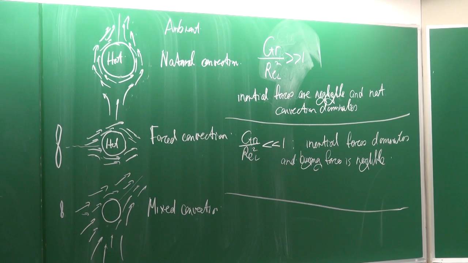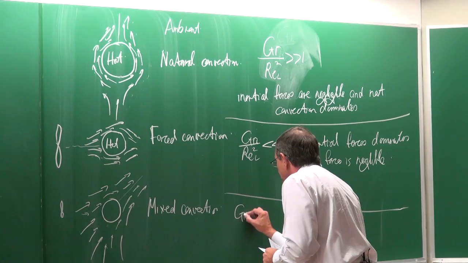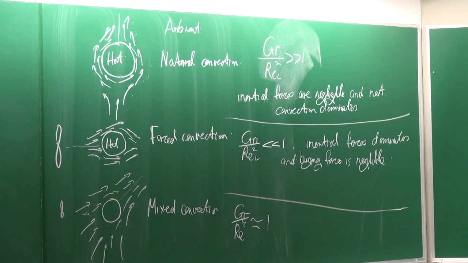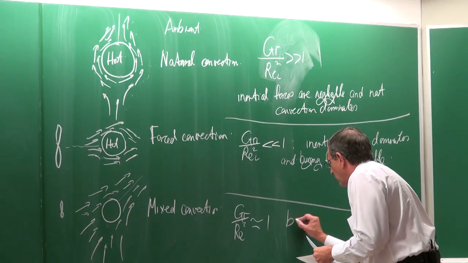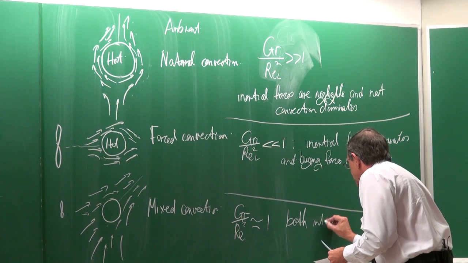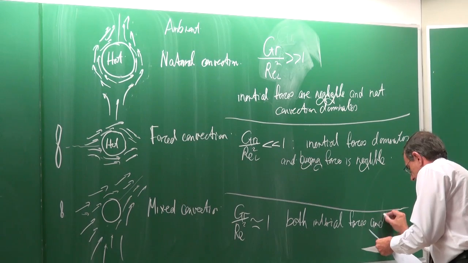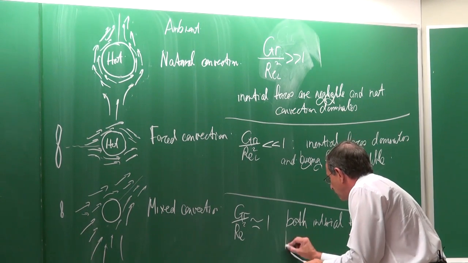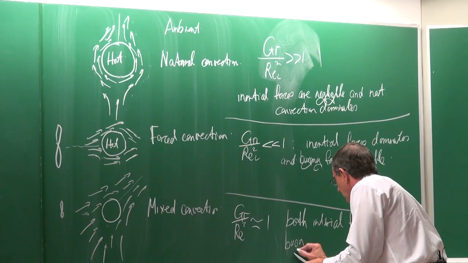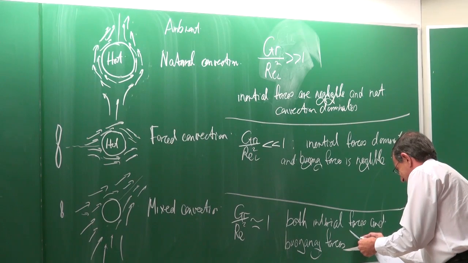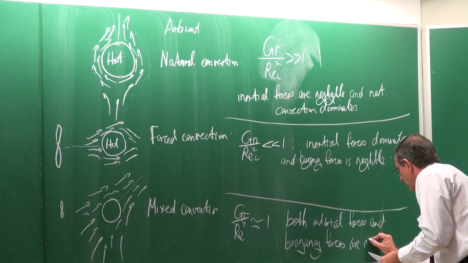Okay, and then the last category would then be when the Grashof number divided by the Reynolds number square is approximately in the order of 1. What we now have is that both the inertial forces and the buoyancy forces are equally present.